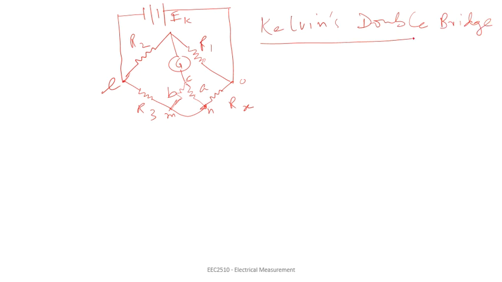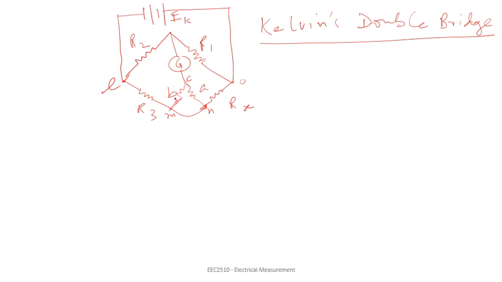Now, why it is called a double bridge is solely due to the reason that it includes a second set of ratio arms, as you can see here, this A and B. One ratio arm is already present here, R1 and R2.